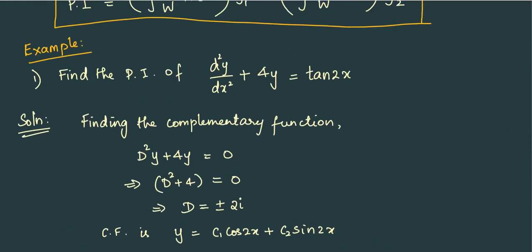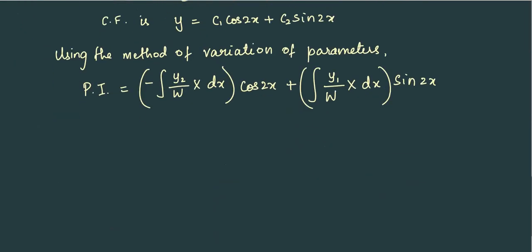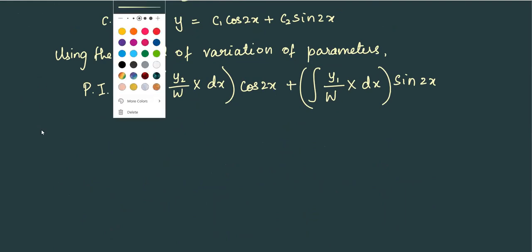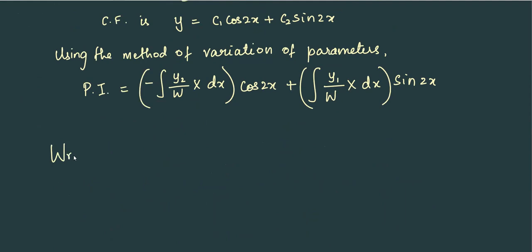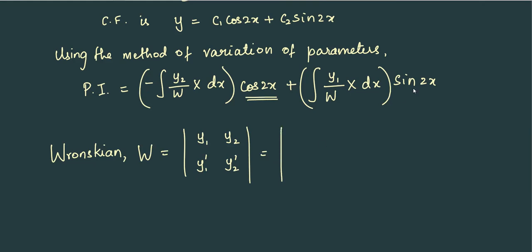So now how to find this Wronskian? The Wronskian W is the determinant of y1, y2, y1 dash, y2 dash. So y1 is cos 2x, y2 is sin 2x.